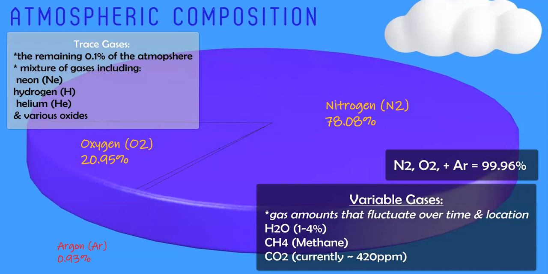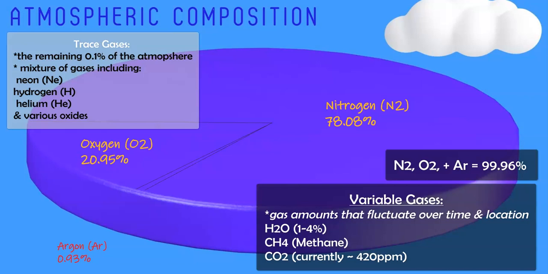Next, you have the trace gases, which equate to about 0.1% of the atmospheric composition. These trace gases are very small in amount, and they can vary from different oxides to neon to helium to hydrogen.